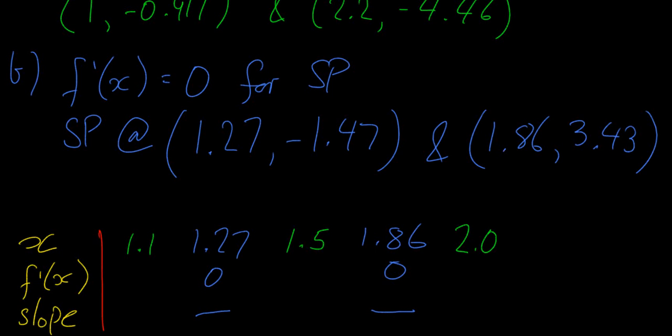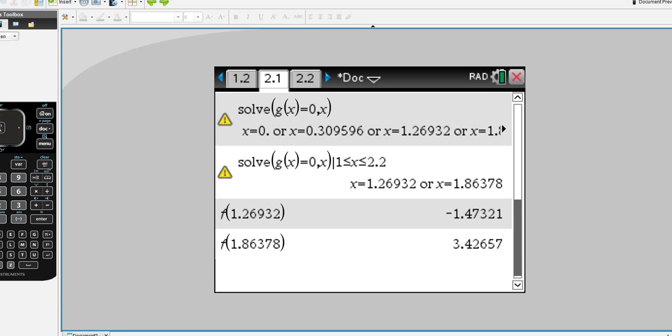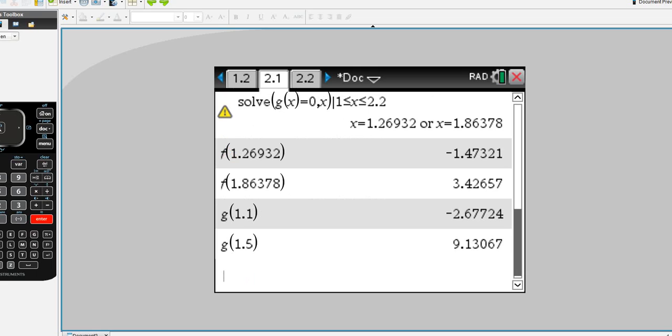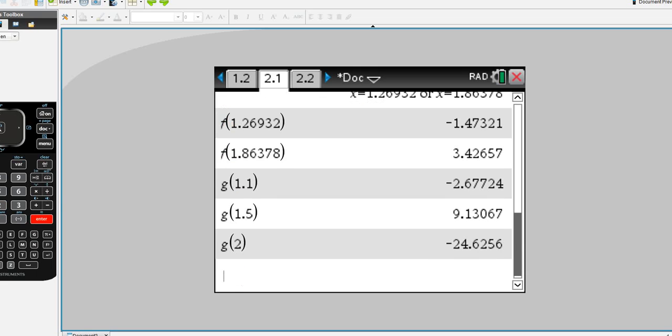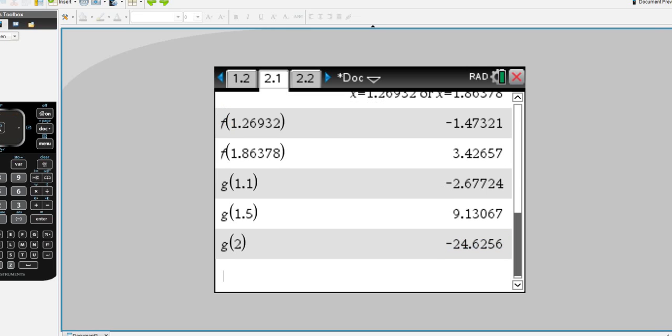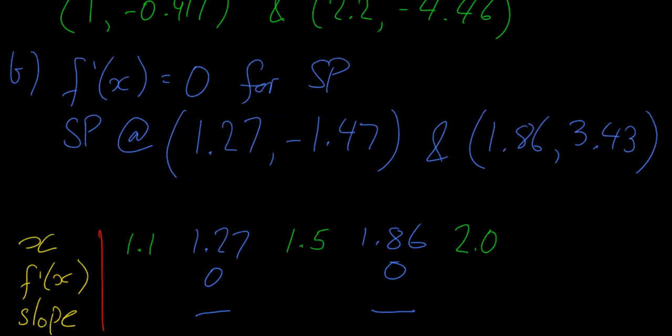So we're going to slot these into f dash. Remember, f dash by our Casio's definition here is just g. So let's put in 1.1, put 1.5, and 2, or 2.0. Okay, so we end up with a negative gradient first, so negative 2.68. So these numbers don't have to be especially accurate, because all we're looking for is the slope here.